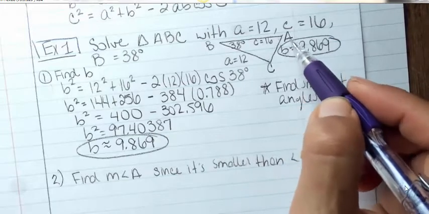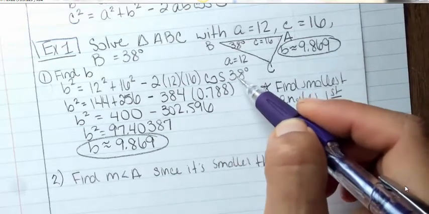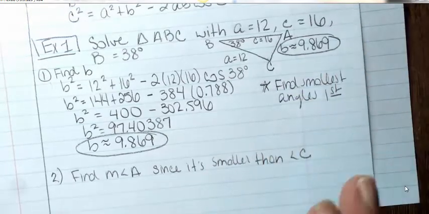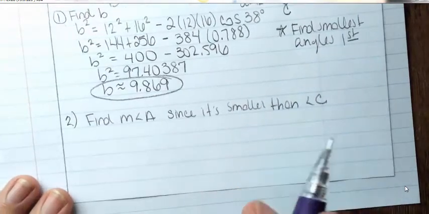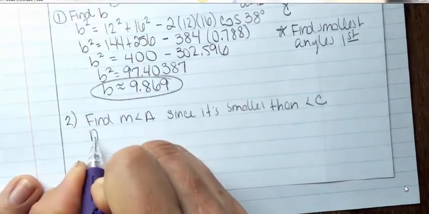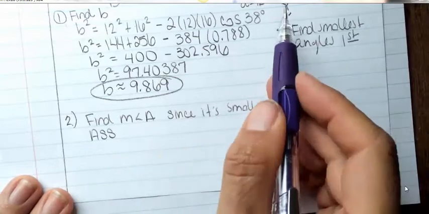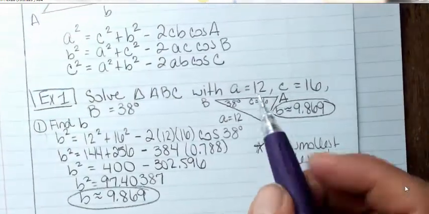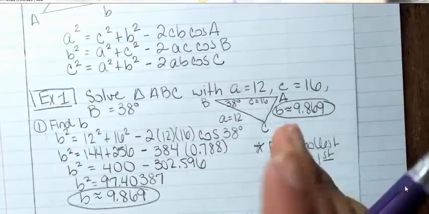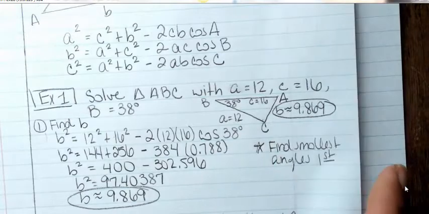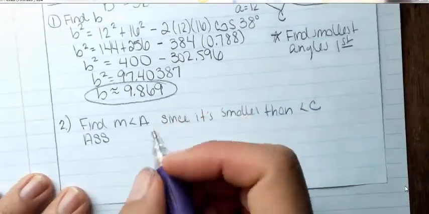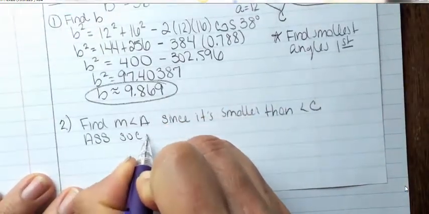Finding angle A will be a lot like another one I'm going to do, so I'm just going to use law of sines. Okay, so I have AS. I know I have one triangle though because I was originally given side angle side. So I know that it's just one possible triangle. But I have AS, so I can use law of sines.